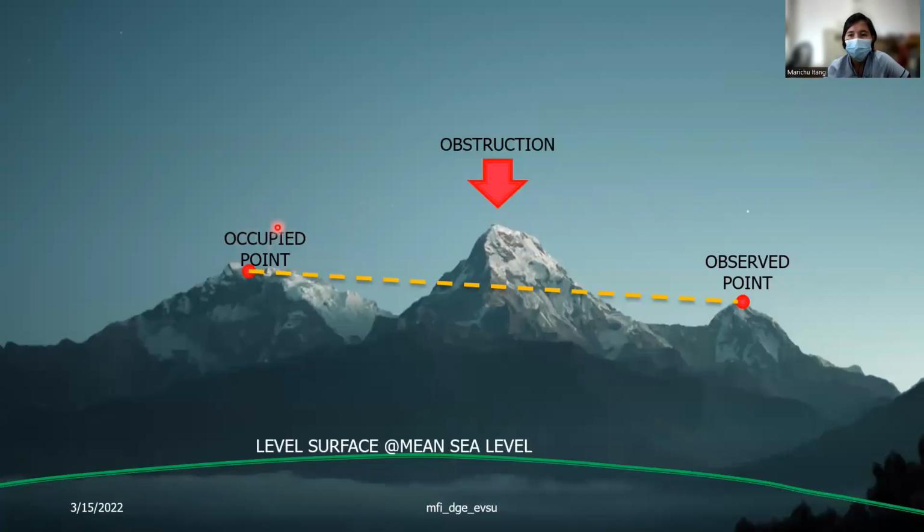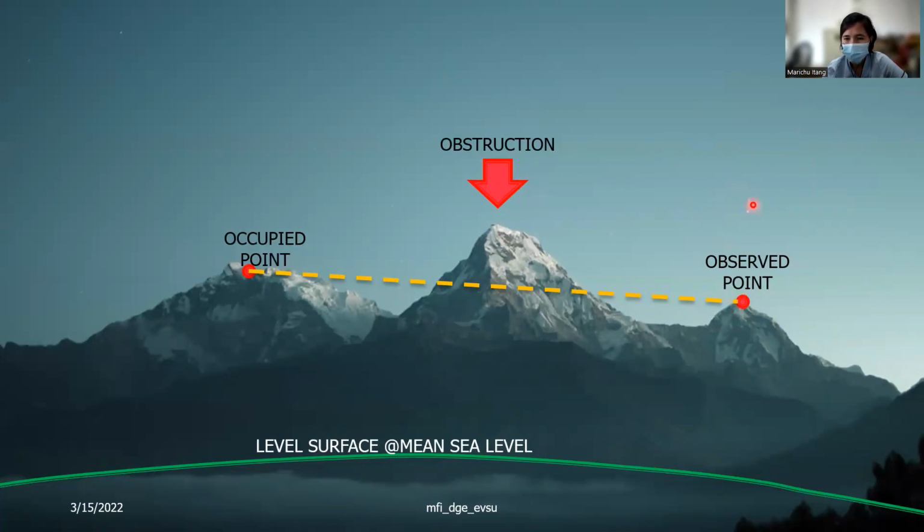let's say this is point A on your quadrilateral in your station. So imagine this is the station and this is point C. Because of the topography, for example, there is an obstruction, so you cannot directly observe point B. So what they are going to do is construct a tower here, to raise it up.